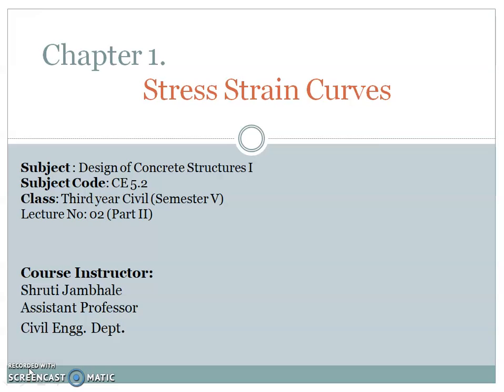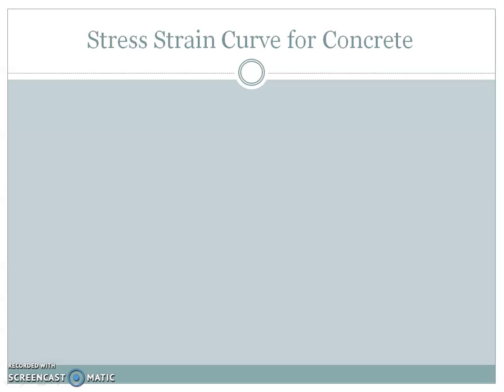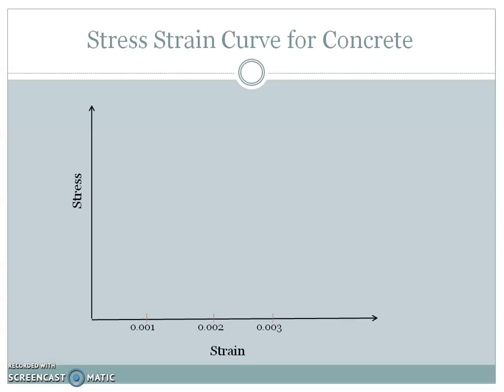So let's start with concrete. According to IS code, the stress strain curve for the characteristic strength of the cube should be like this.